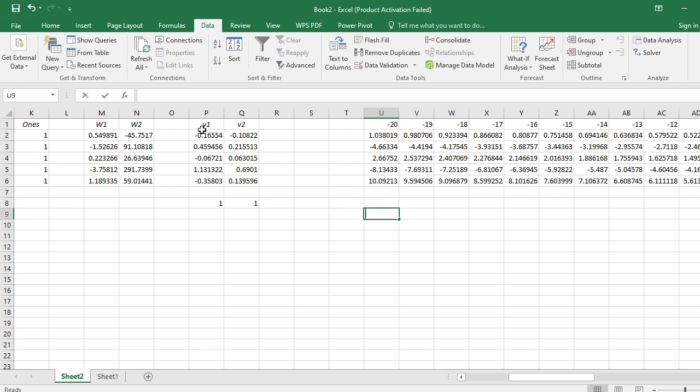So we calculate risk for each, with the same matrix multiplication.